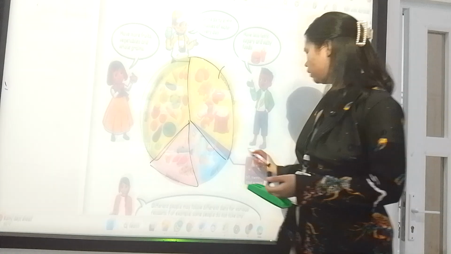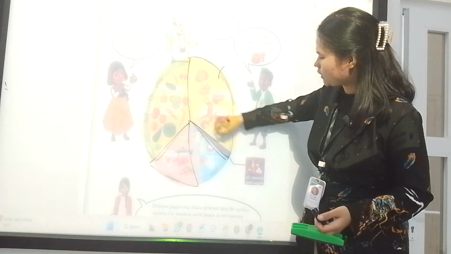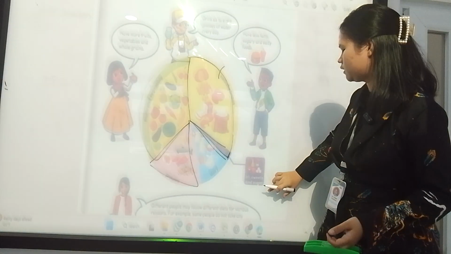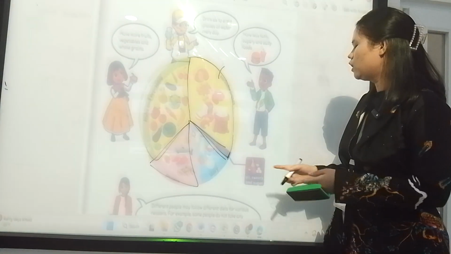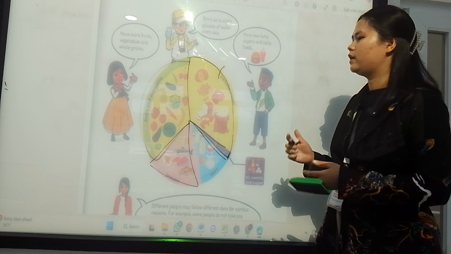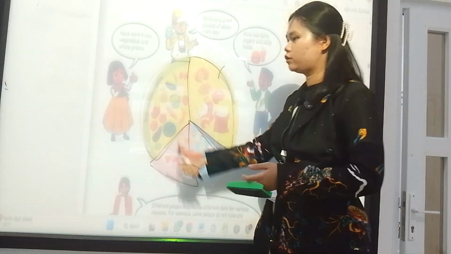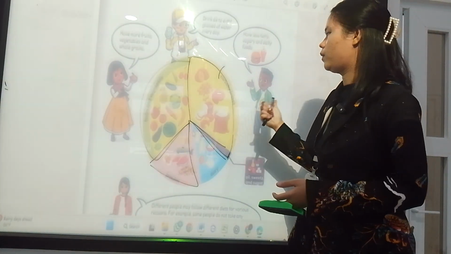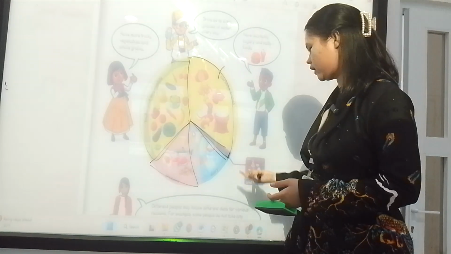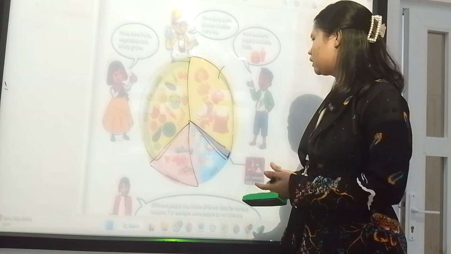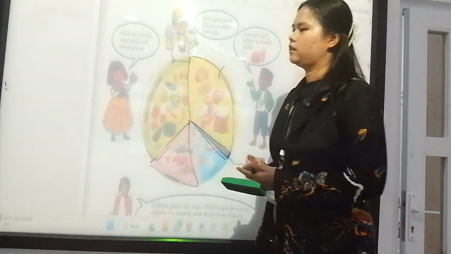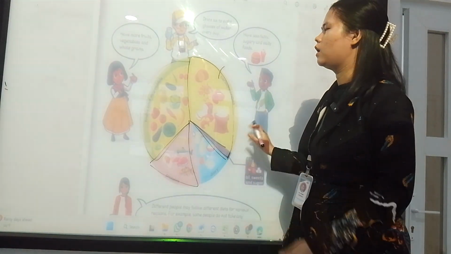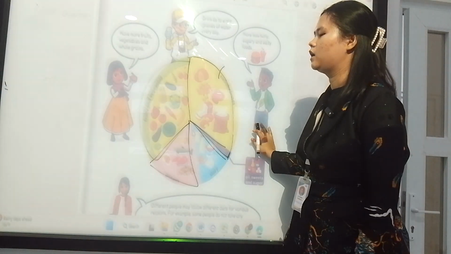The least amount is oil, sweets and sugar, because we already get them from other food: from the fruits we have sugar, from the rice we have sugar, and oil we also get from carbohydrates like bread.